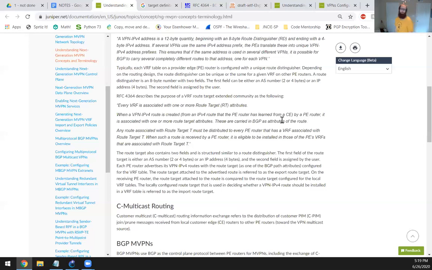Any route associated with route target T. So these are arrows if they were archers.